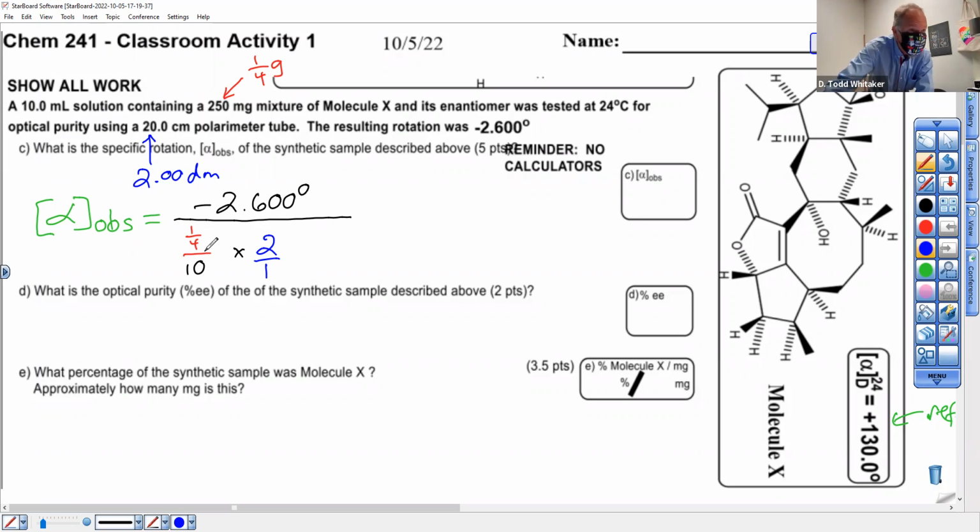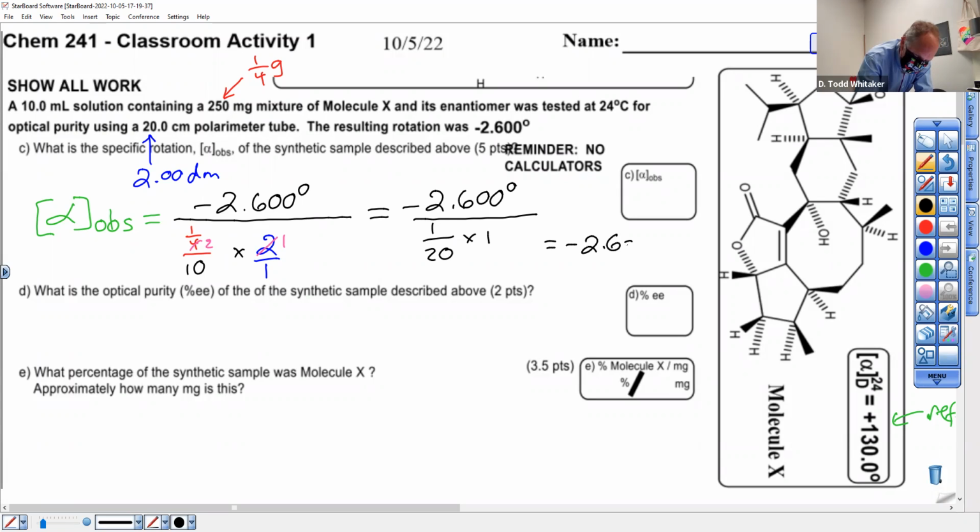2 times 1/4 simplifies to what? 2 simplifies to 1, and 1/4 simplifies to 1/2. And then let's see. Yeah, let's just deal with this. So when you simplify this, negative 2.600 degrees over 1/2 over 10, which is 1/20, times 1, equals negative 2.6 times 20, right?